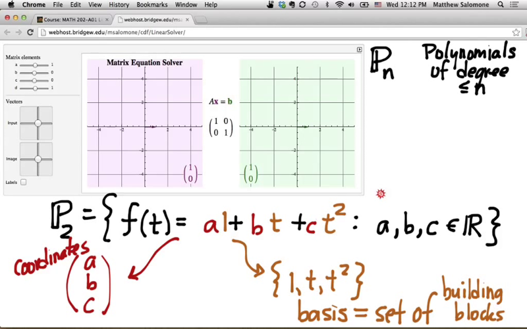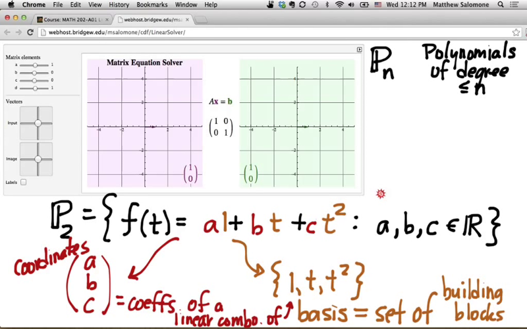They're the coefficients of a linear combination of the basis elements. So that's when we talk about coordinates and basis over the course of the next week or two. That's what we're talking about. The basis are the elements that we build our vector space out of, and the coordinates are how much of each one that we use to describe an element.